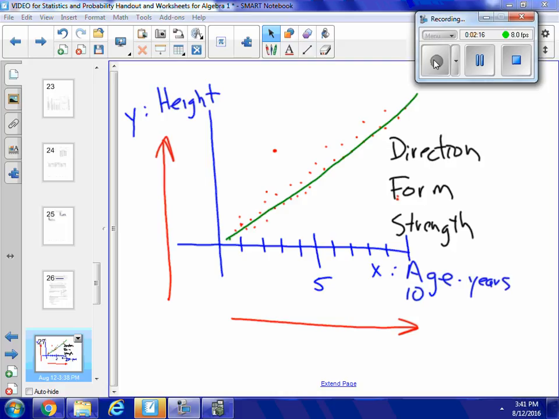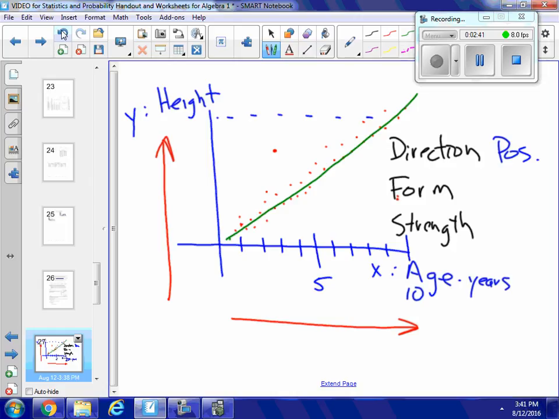This green line that I drew is going in a positive direction. So in this case here, the direction is positive. In fact, the only directions that we have when we're analyzing a scatter plot are positive, negative. I guess you could have one that's perfectly horizontal, but that's very unlikely, in addition to which that's kind of boring.